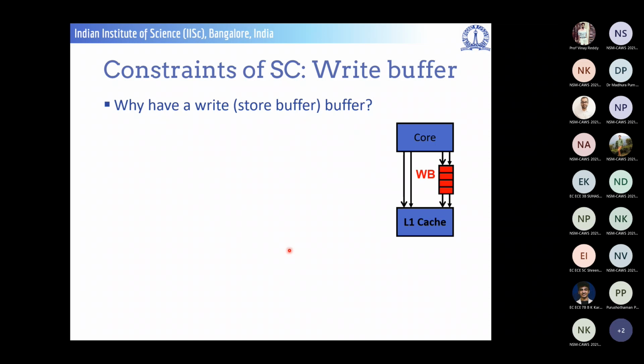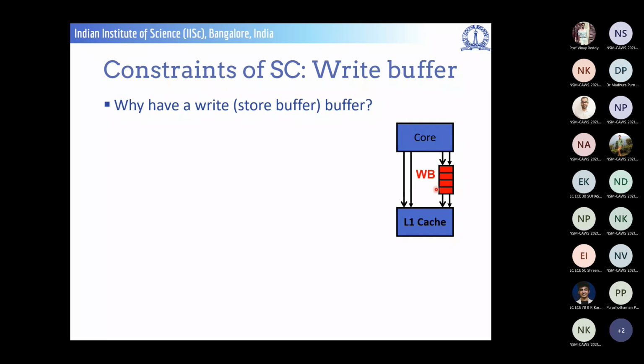You might not need that updated value immediately, right? So to take advantage of that, one of the tricks that processors like to play is to put a write buffer. Once a store commits, it will put that store's updated value in the write buffer.